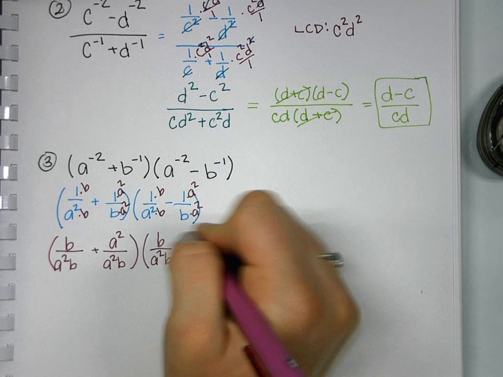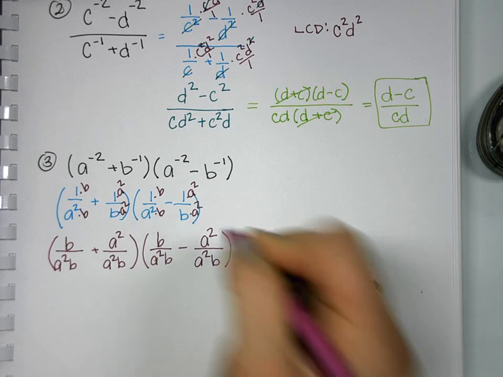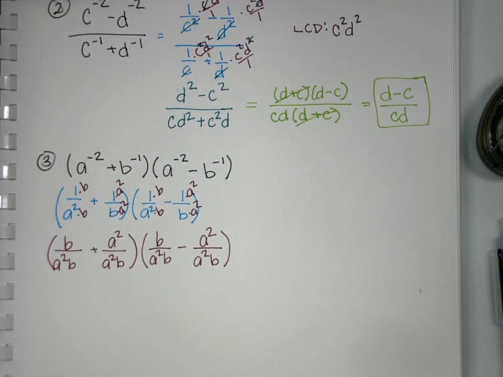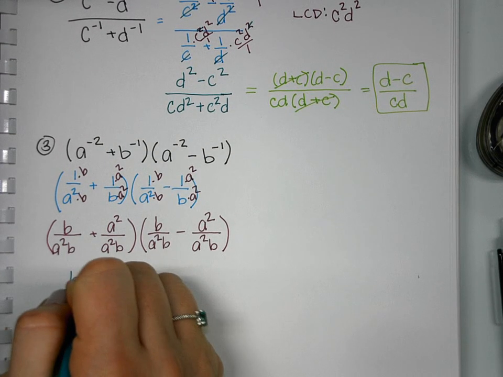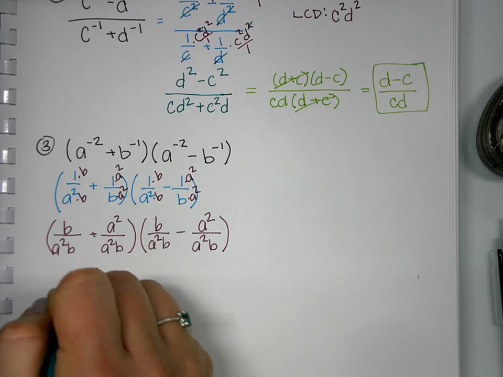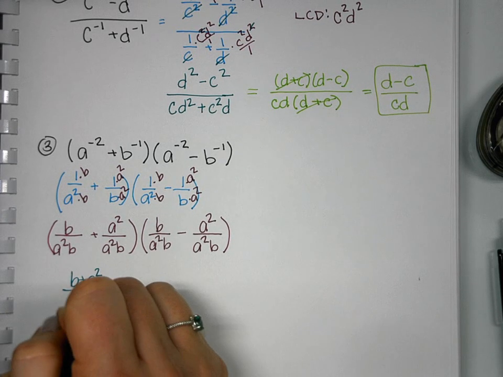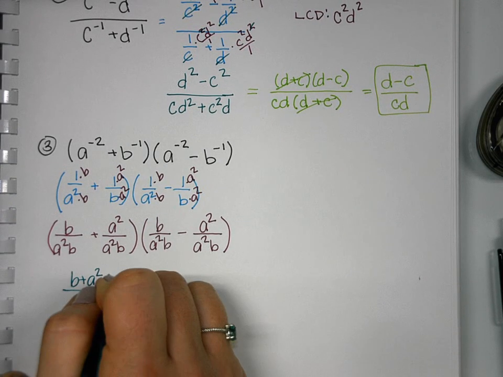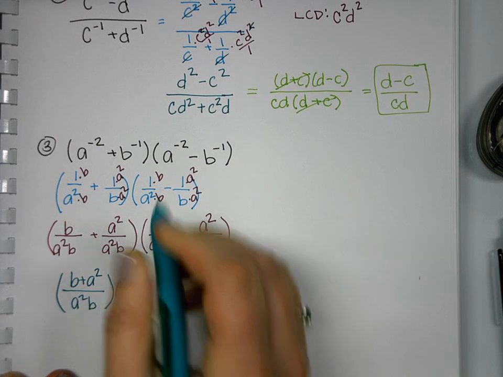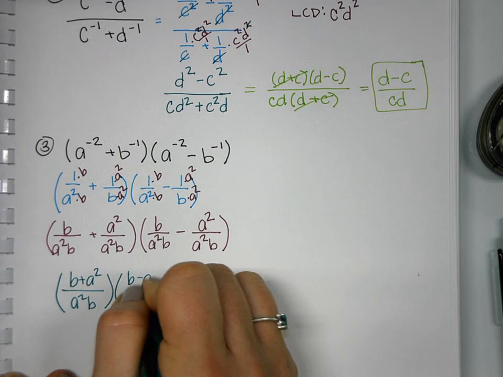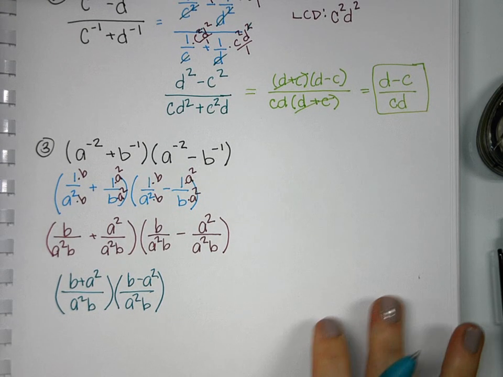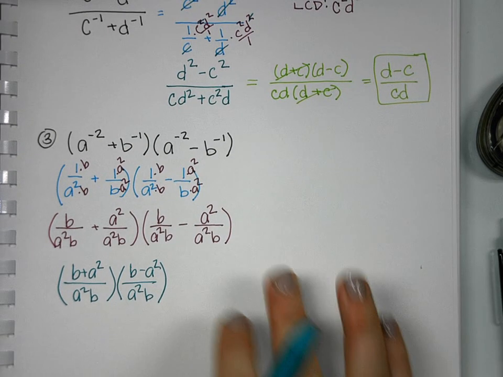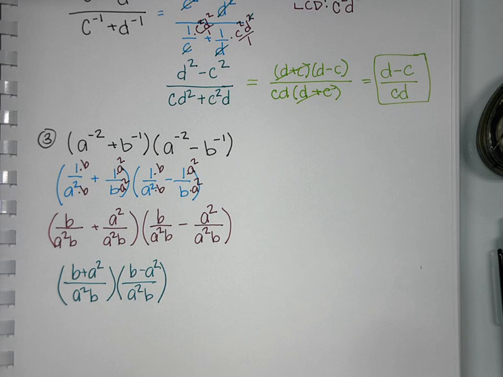So b and a squared. So that way when I actually combine them, here I'll get b plus a squared over a squared b times b minus a squared over a squared b. So we did each one separately, but in the same process as number 1.